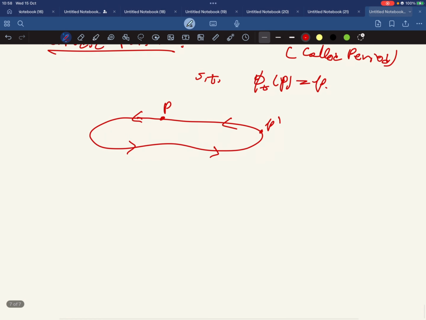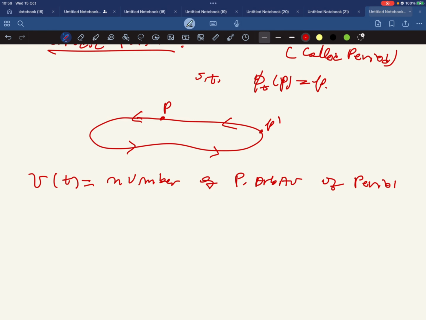Now, we use this notation. V of T is the number of periodic orbits of period less than or equal to T. This is given T positive. Yeah. Singularities may be periodic orbits of period 0, but I will not use this.